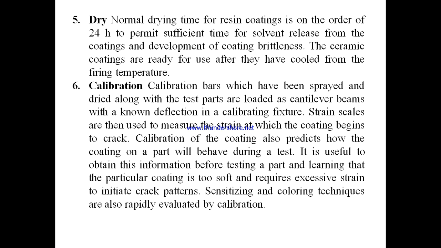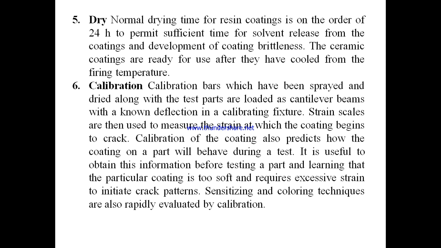Then calibration is done. The calibration parts which have been sprayed and dried along with the test parts are loaded as cantilever beams in a deflection and calibrating fixture. Strain scales are then used to measure the strain at which the coating begins to crack. Calibration of the coating also predicts how the coated part will behave during the test.